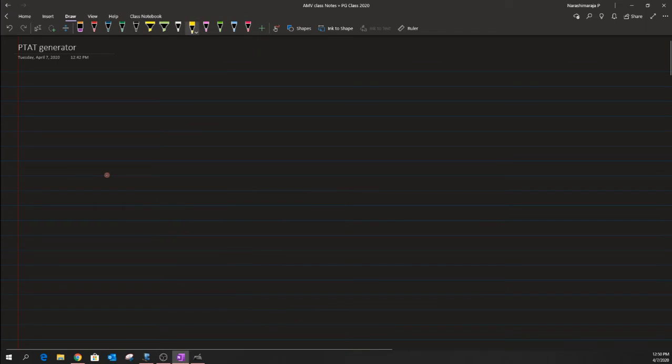So, in the last class, we had discussed about this temperature independent reference circuit.